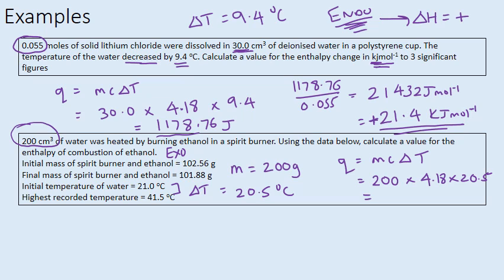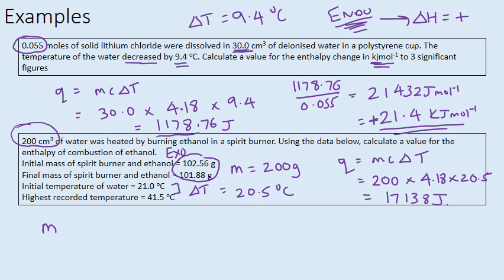So let's calculate a value for this. 200 times 4.18 times 20.5 equals 17,138. That's going to be in joules. I want this in kilojoules per mole, so I need to divide it by my moles, and that's where this mass comes in.